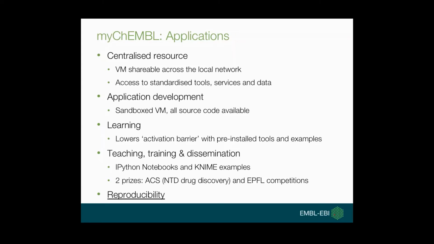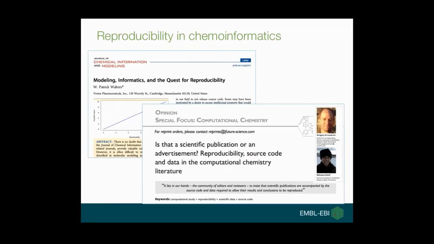Finally, another application where myChEMBL would be very useful is reproducibility. That's reproducibility of algorithms and methods and computational in silico experiments. And that's very important because science is not just about writing and publishing papers, it's about sharing the results and building on top of the work of other people.